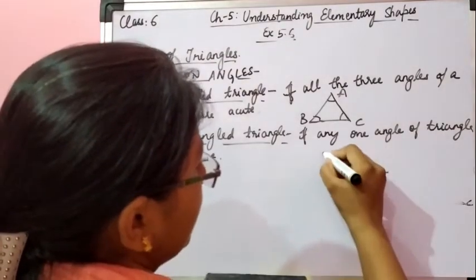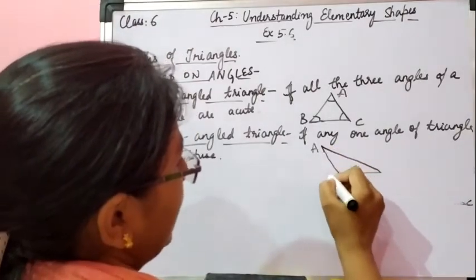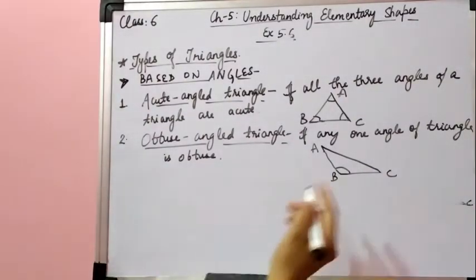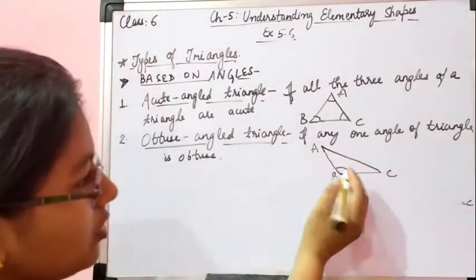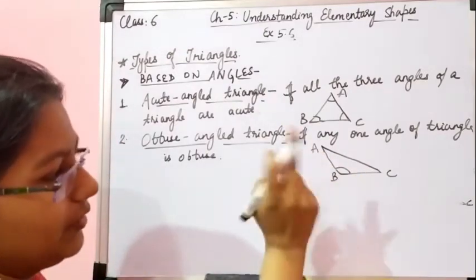We can draw it this way. Now A, B, C. This angle B is obtuse. So this is an obtuse angled triangle. We have to look for only one angle, any one of them.